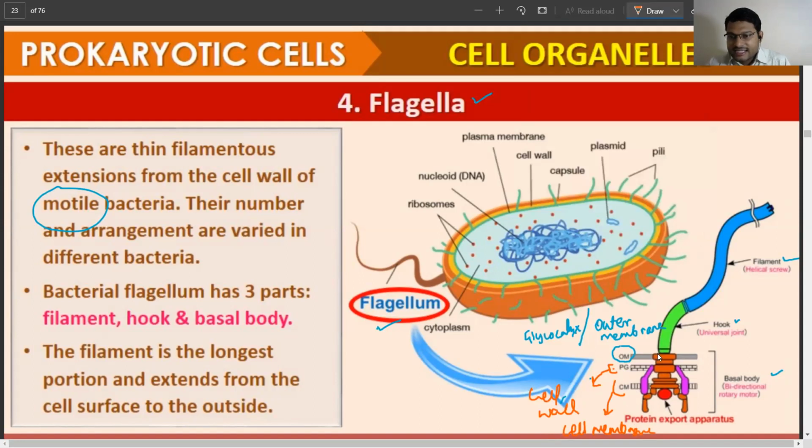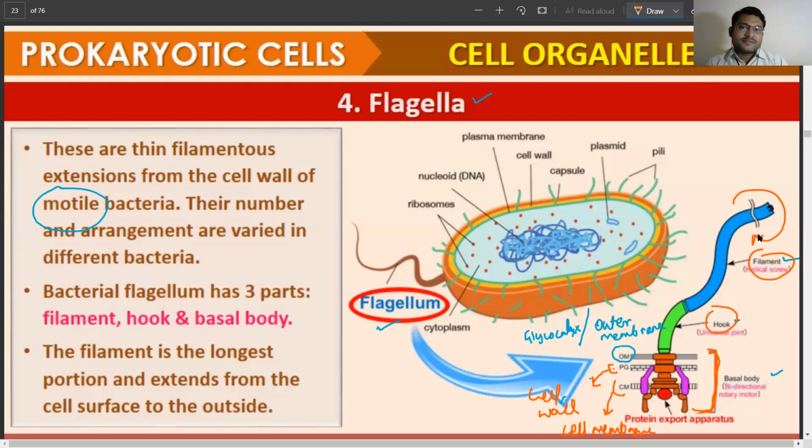So in this particular part, the basal body is going to be stuck, from which you are going to have the attachment of this entire flagella, and then you are going to have the hook and then the filament. So this hook and this basal body are going to be fixing this entire structure. The hook is going to allow this entire structure to rotate and move around. The filament is the longest portion and extends from the cell surface to the outside.